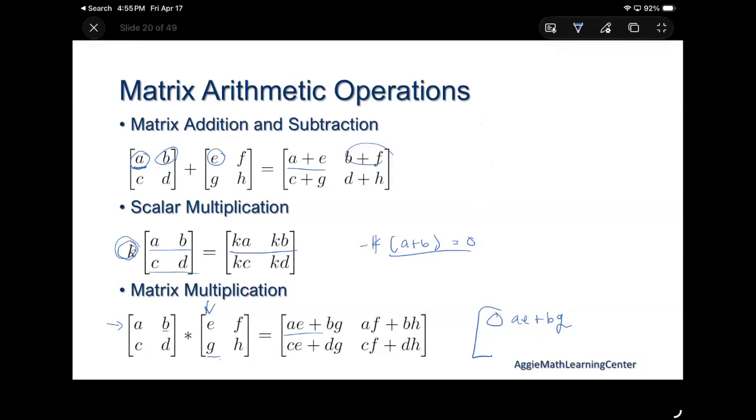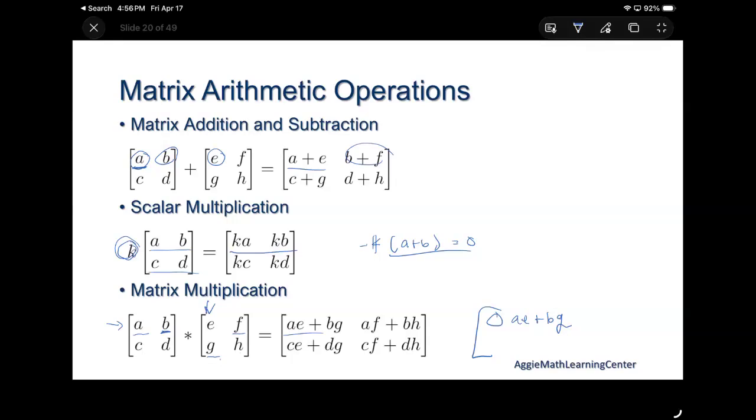And then same thing as you move to, say I want the entry in the first row, second column of the new matrix. I find it by row 1 of my first matrix, column 2 of my second matrix. And then I find the entry itself by multiplying the first entry in row 1 of my first matrix by the first entry in column 2 of my second matrix, plus the second entry in row 1 times the second entry in column 2.